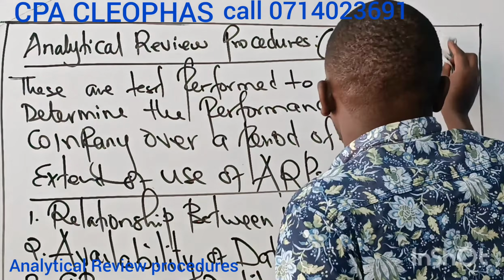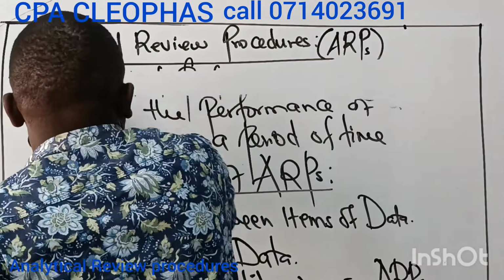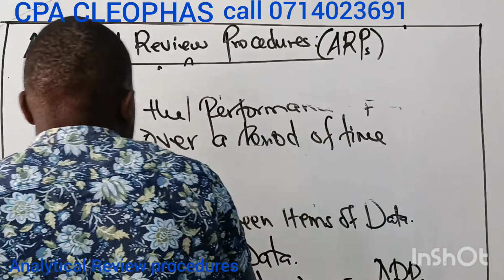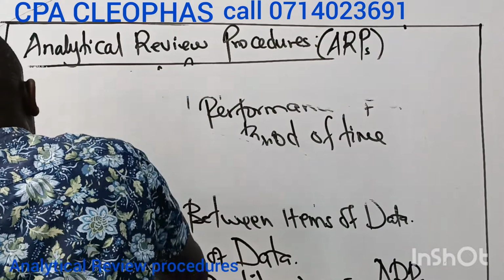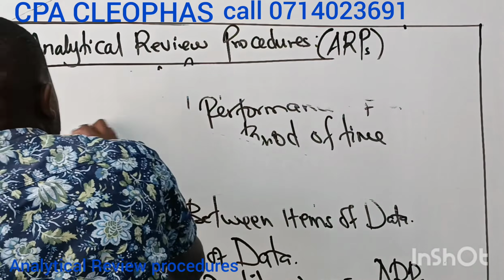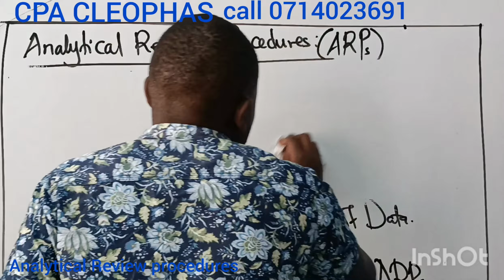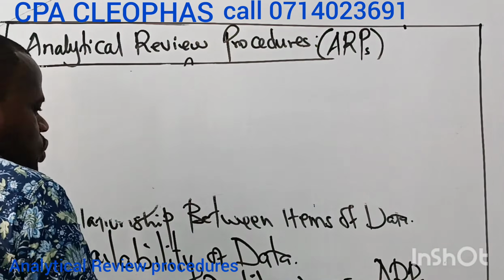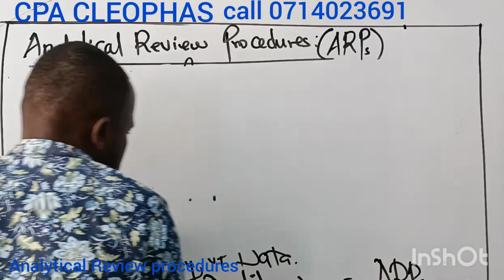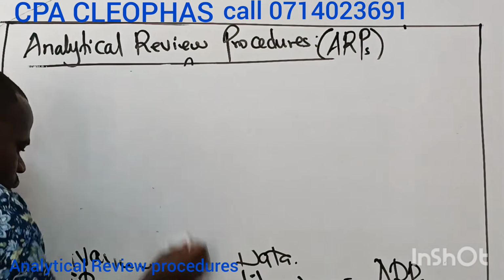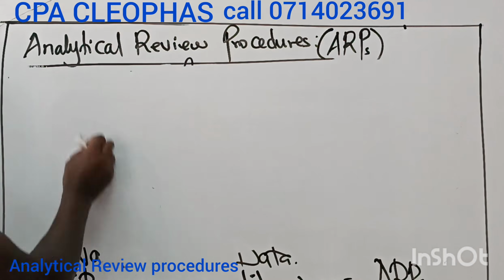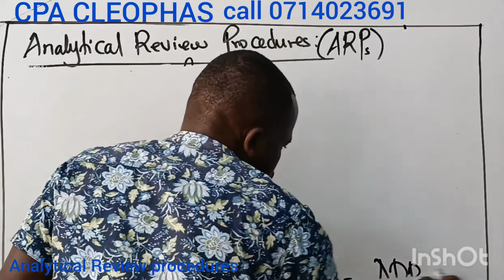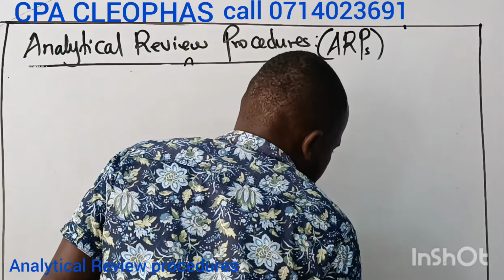So let me go to the next concept under analytical review procedures. This one will be the types of ARPs or the objectives of analytical review procedures. Most of the time the examiner will ask for the extent of use of analytical review procedures, and again, the examiner will ask you to name the four categories or the four objectives of analytical review procedures.